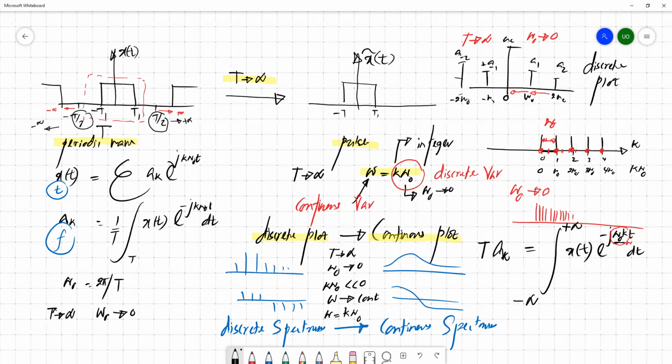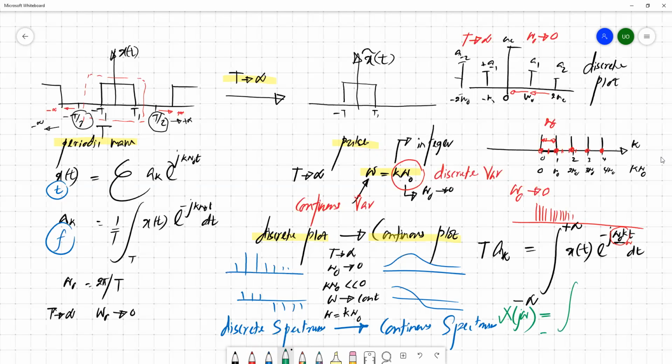So now our definition is actually this. So T a_k is denoted by this. We'll explain it later.